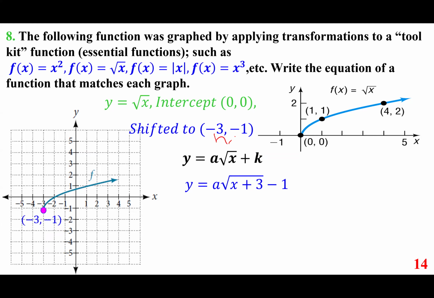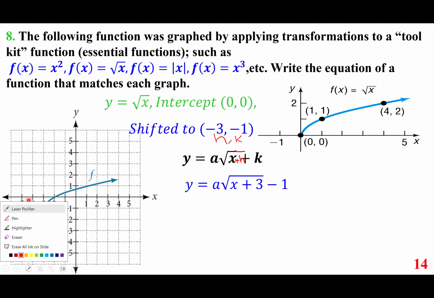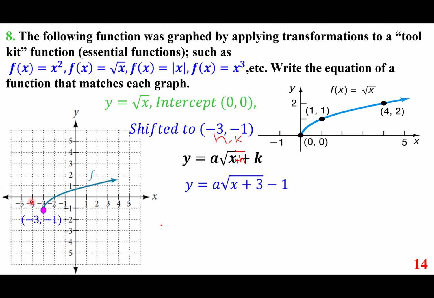This is h, this is k, this is plus h, if you want to go that route. All right, and the reason we put the A is because there may be some sort of a stretch and we don't know that.